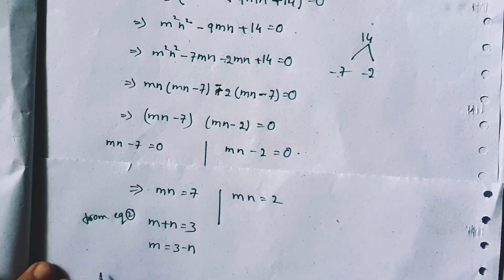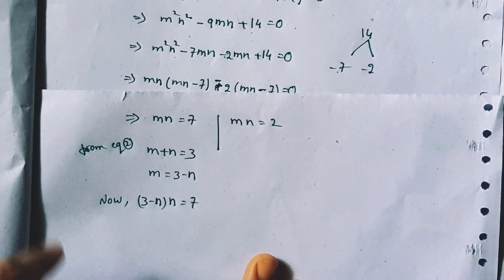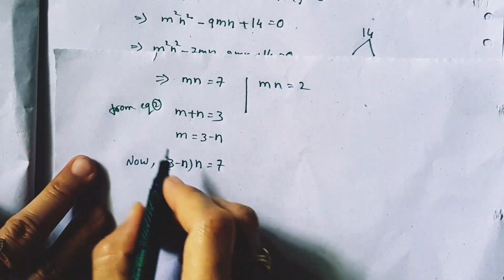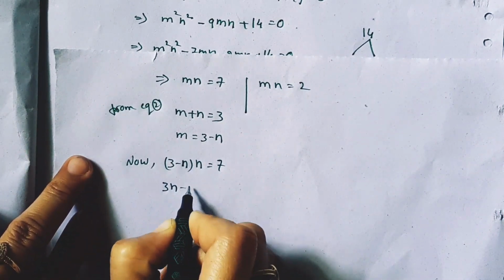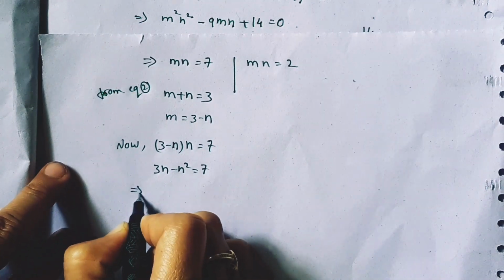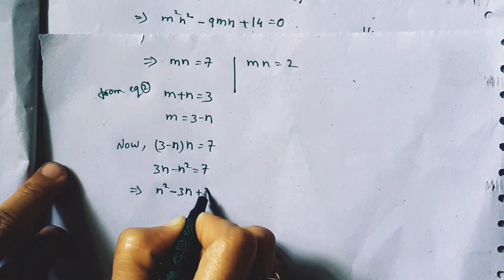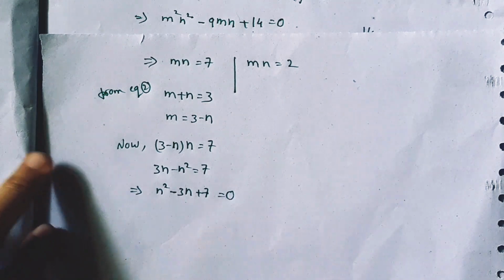So now I am going to substitute this m value here, means 3 minus n of n equal to 7. Then 3n minus n square equal to 7. That implies n square minus 3n plus 7 equal to 0.